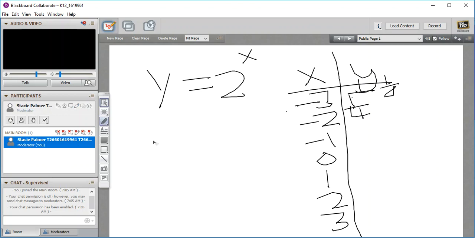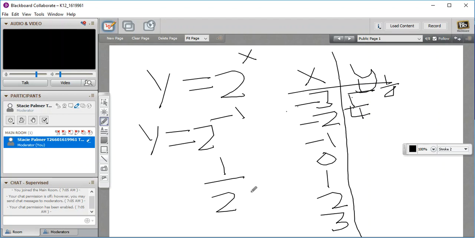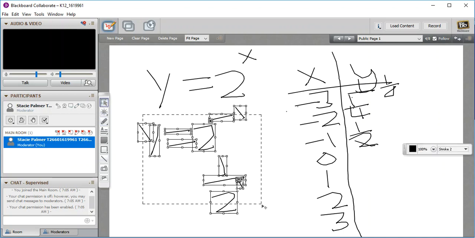Okay, the next one, when we let the x be -1, our y is going to be 1 over 2 to the 1. Okay, 2 to the 1 is just 2. That would be 1/2. Okay, let's go ahead and let our x be a 0.